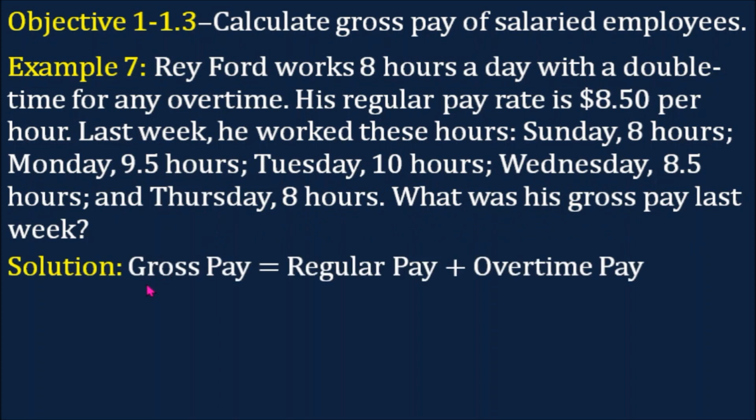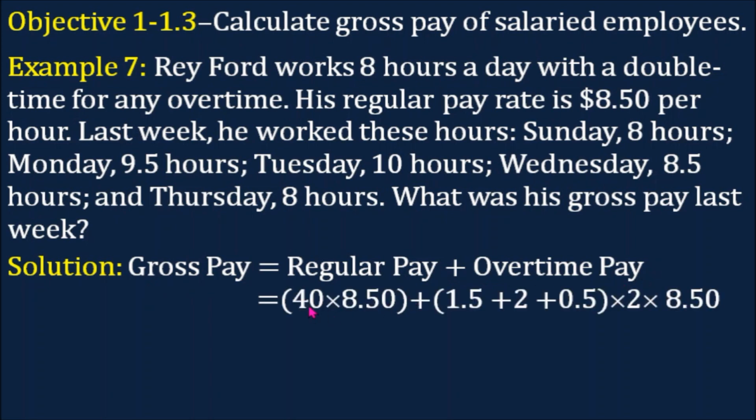So this is our formula. Gross pay equals regular pay plus overtime pay. So for his regular pay, it's just 40 hours times the hourly rate, $8.50, plus for his overtime pay, Monday, it's 9.5 hours, so 1.5 is the overtime hours.